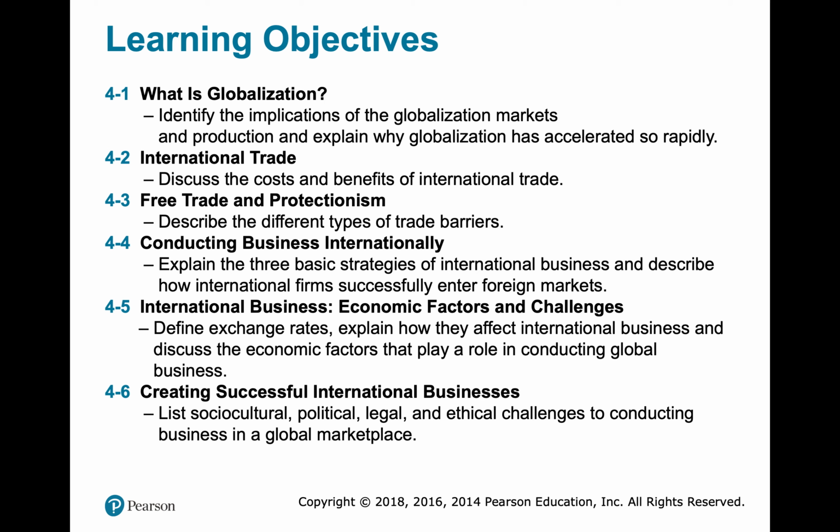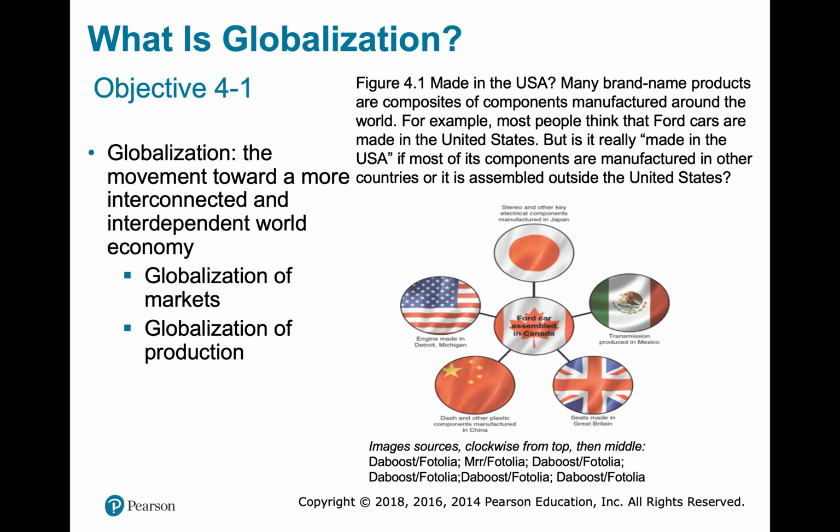And then lastly, we're going to discuss what it means to be successful conducting or creating international business. So there are some key factors that we have been able to hone in on over the past few years to determine if someone is successful at being an international business. All right, so let's hop in.